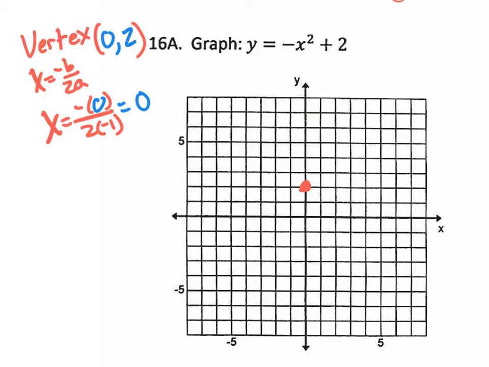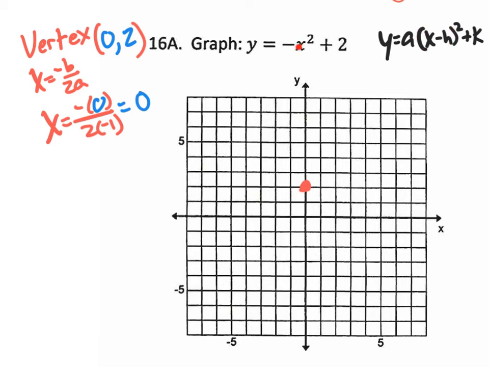So we're supposed to draw our axis of symmetry right through here, but the question was just asked, what if I wanted to see this in vertex form? Vertex form is y equals a parentheses x minus h squared plus k. Obviously this doesn't look like that yet because there are no parentheses around the x.